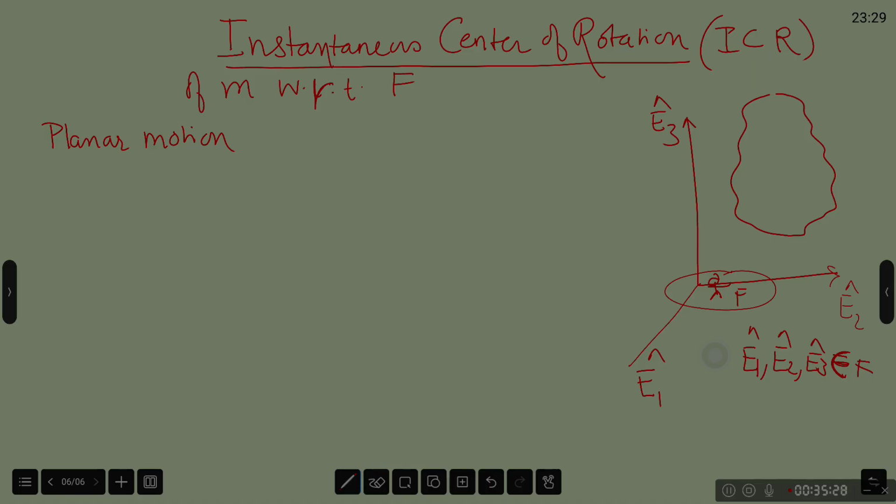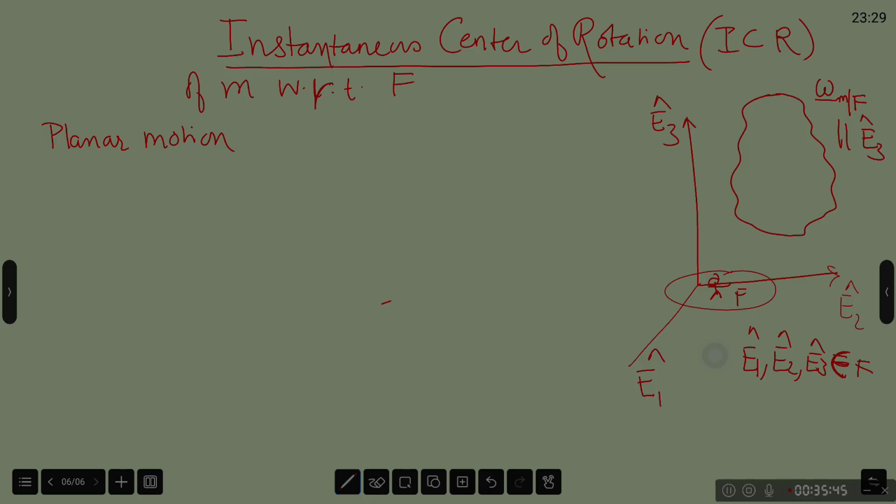Now, since this body is having planar motion with respect to F, it implies that its omega mf must be parallel to the E3 axis without loss of any generality.